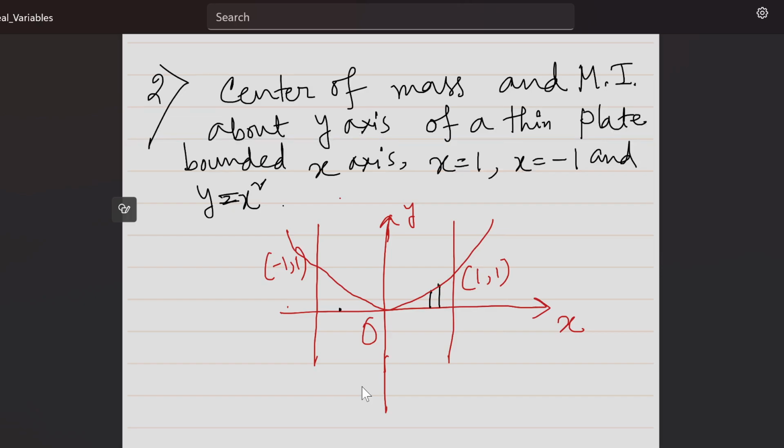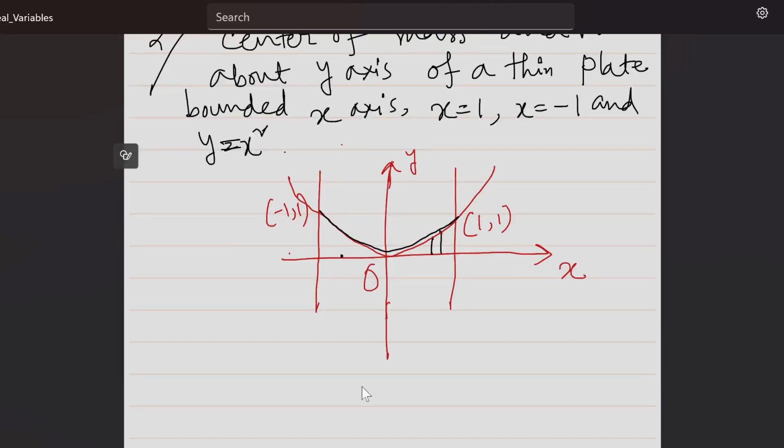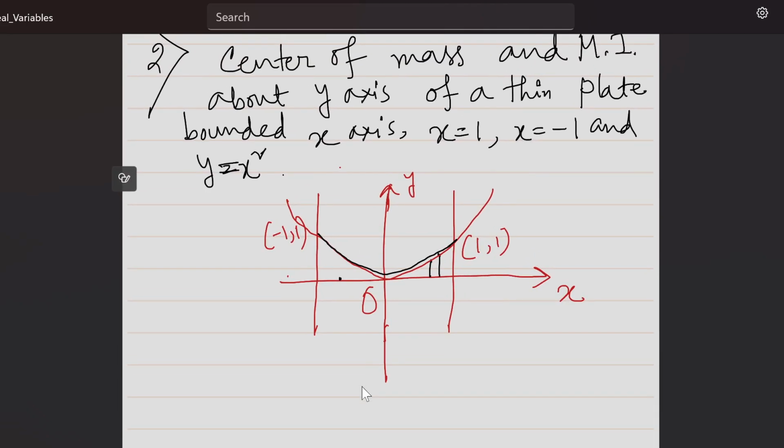By the way, can you tell me the x coordinate of the center of mass of this region? This should be 0, no? Yes, because the graph is symmetric about the y-axis. So the center of mass must lie on the y-axis.